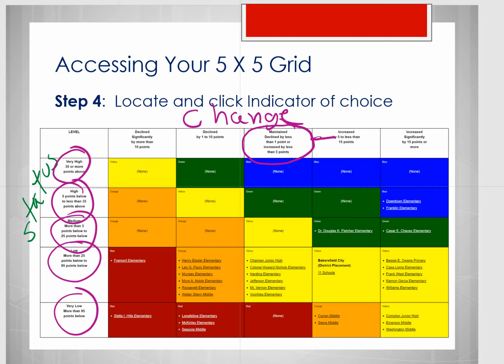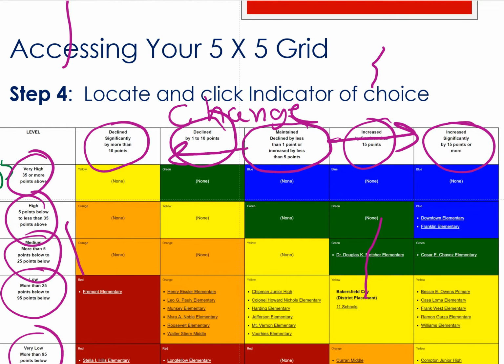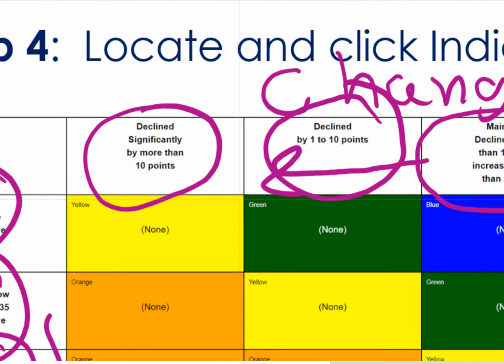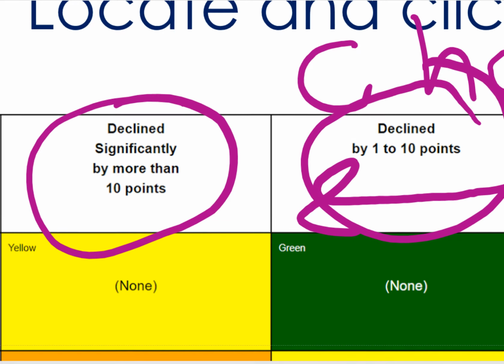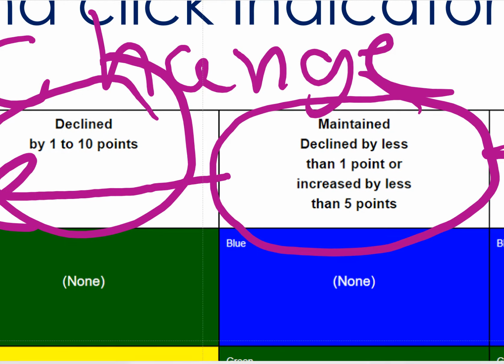Did you have positive change moving to the right or negative change moving to the left? And we have these different categories along the way that are bandwidths, so to speak, to measure that change. If I were to make it a little bit bigger, so you can see what those numbers are, all the way to the left it says declined significantly by more than 10 points, declined by 1 to 10, maintained by less than 1 or increased by less than 5 points.